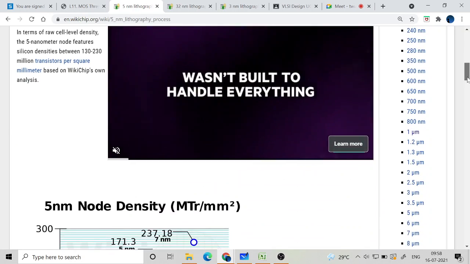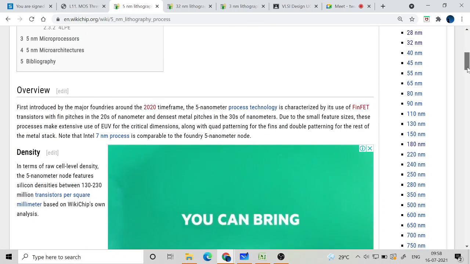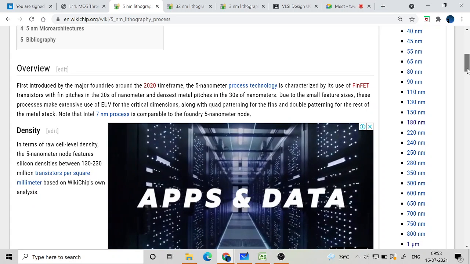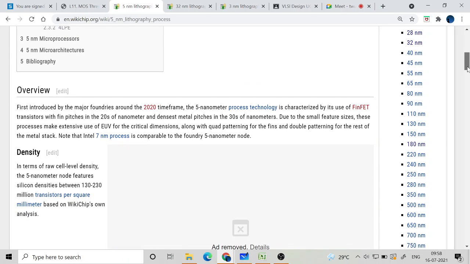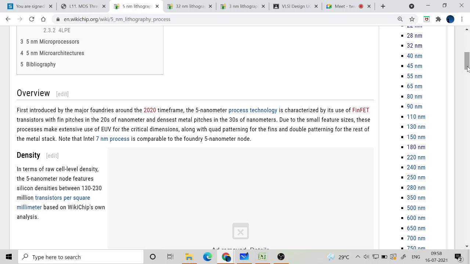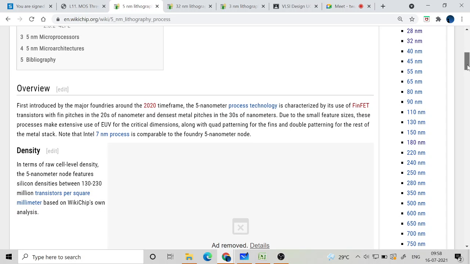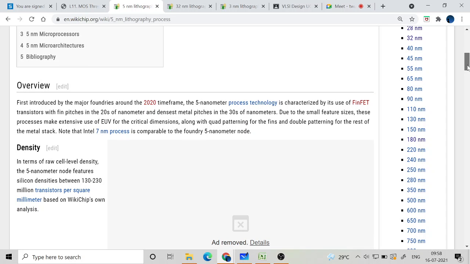Similarly, FPGA chips are also very highly dense chips. Because they have a regular structure, regular structures are easier to make initially. Once they get mature, then they will take processors and other chips also.